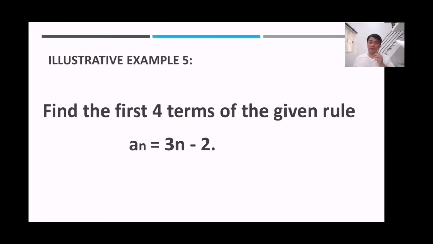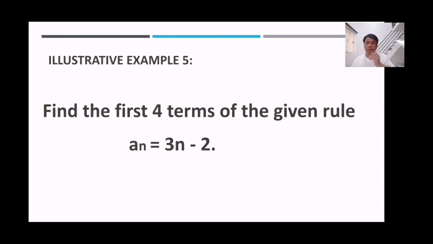This time, ito yung ating third objectives, which is the generates pattern. Okay? So, question is, find the first 4 terms of the given rule, a sub n equals 3n minus 2. So, ito yung ating given rule. Sanay tayong tawagin ito. We are used to call this as formula. Okay, in sequence, this is called rule.